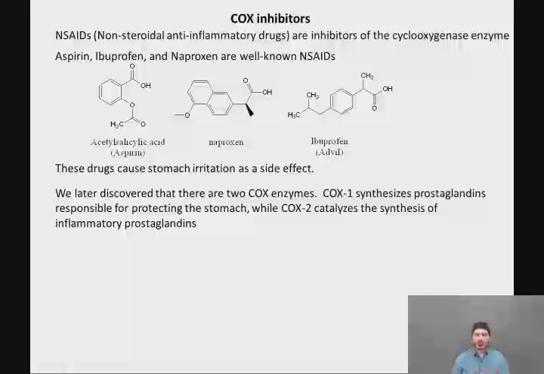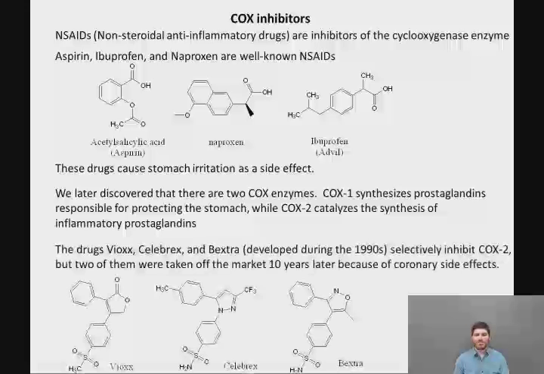COX-1 synthesizes the prostaglandins that are responsible for protecting the stomach, while COX-2 synthesizes the inflammatory prostaglandins. So that led to a search for molecules that would selectively inhibit COX-2 and not inhibit COX-1.